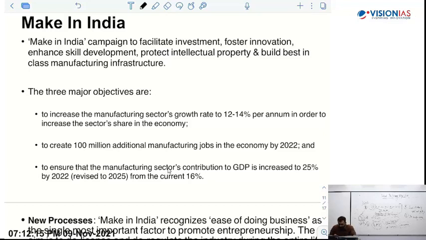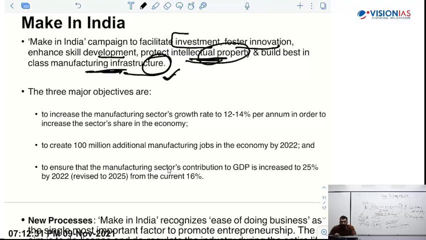To facilitate investment, foster innovation, skill development, protect the intellectual property and build best-in-class manufacturing infrastructure. So this is more comprehensive. It is talking about infrastructure. It is talking about intellectual property protection. An intellectual property policy was introduced after Make in India. So we included it as part of Make in India only because it is protecting intellectual property. Rest is just trying to do the same things.